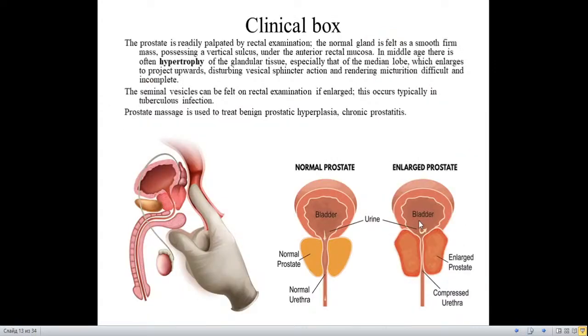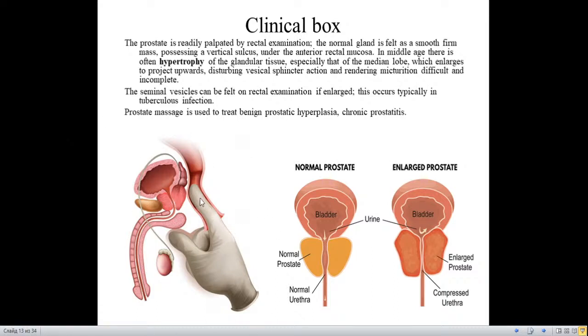And some clinical things related to what I said above. Actually the prostate gland and seminal vesicles, due to their anatomical topographical relation with the rectum, can be palpated by rectal examination. Look at this left picture.